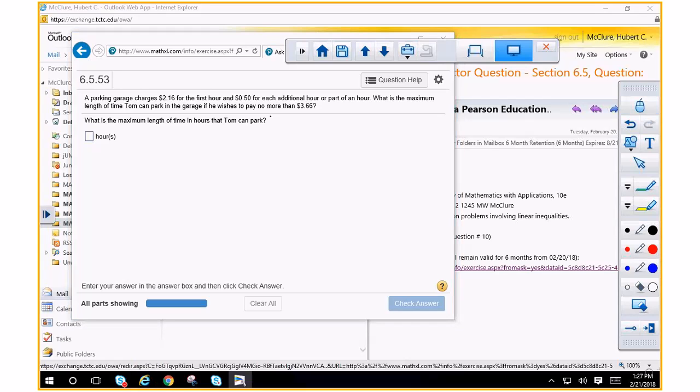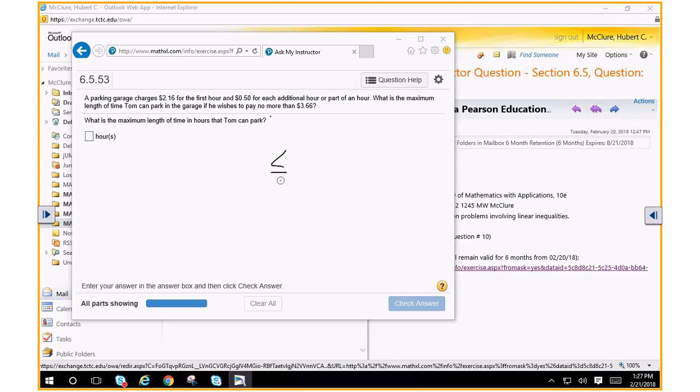No more than, so you want less than or equal to 3.66. Park garage charges $2.16 for the first hour, plus, this is a Walmart equation, 0.5 for each additional hour or part of an hour. Yeah, that's what confused me. I would say X. That's what I would say.